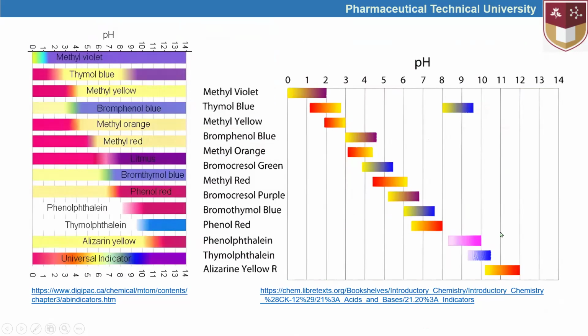And here we can see the ranges of different indicators. Phenolphthalein, as shown here, for example, can determine the changes between 8.2 and, let's say, 10.